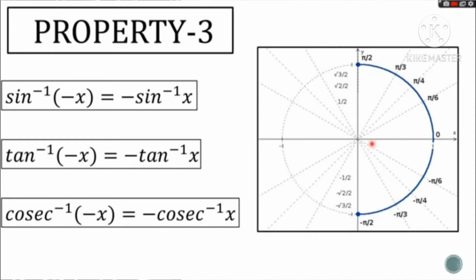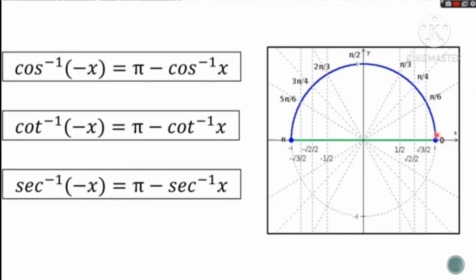When x is negative, your answer is in the fourth quadrant. Whereas for the next three functions, whenever the x value is positive, your answer is in the first quadrant, but whenever your x value is negative, your answer is in the second quadrant. That is the difference, and that's why you are getting pi minus cos inverse x, pi minus cot inverse x, and pi minus sec inverse x.